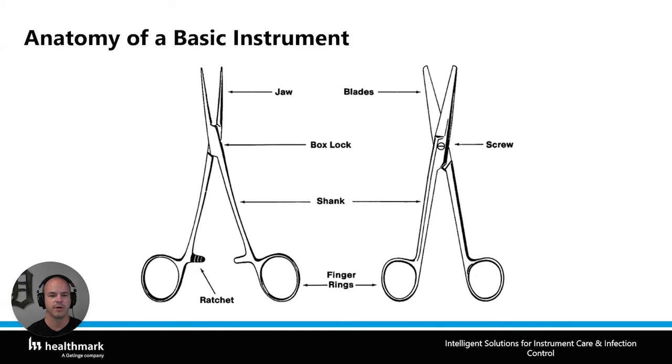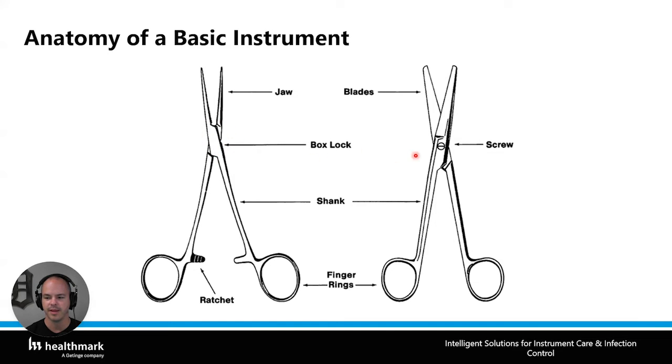So, just going over some basic anatomy of an instrument. On the left here, we have a clamp type instrument, and then on the right, we have a scissor. Over here, we have a jaw. On this side with the scissor, we have blades, and both of them will have a box lock.